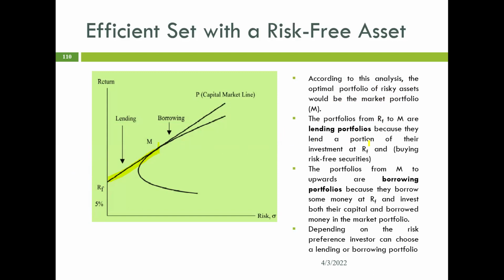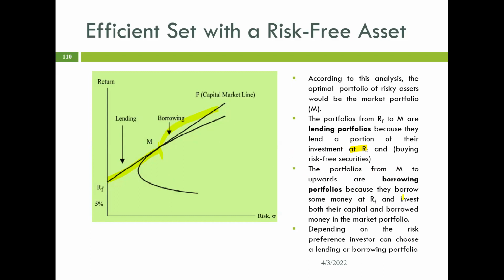Investors lend a portion of their investment at risk-free, that means buying risk-free investment. ඒ කියන්නේ එයාගේ ධනයෙන් කොටසක් risk-free investment වලත් invest කරනවා, buying risk-free securities. So therefore portfolios from RF to M are the lending portfolio. The portfolios from M upward, මෙතන ඉඳන් මෙයාට, from M upward, we call the borrowing portfolio.